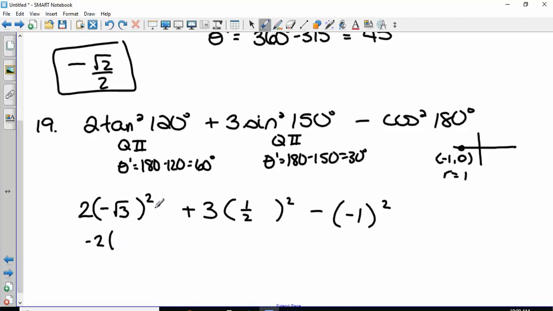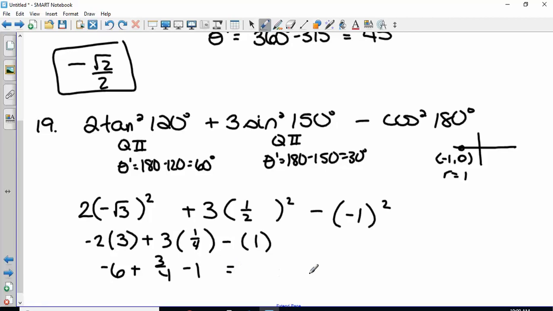So negative radical 3 squared is just a positive 3. 1/2 squared is 1/4. Negative 1 squared is 1. And I think we get negative 25 over 4. Wait, hold on. That's wrong. That's not a negative 2, is it?